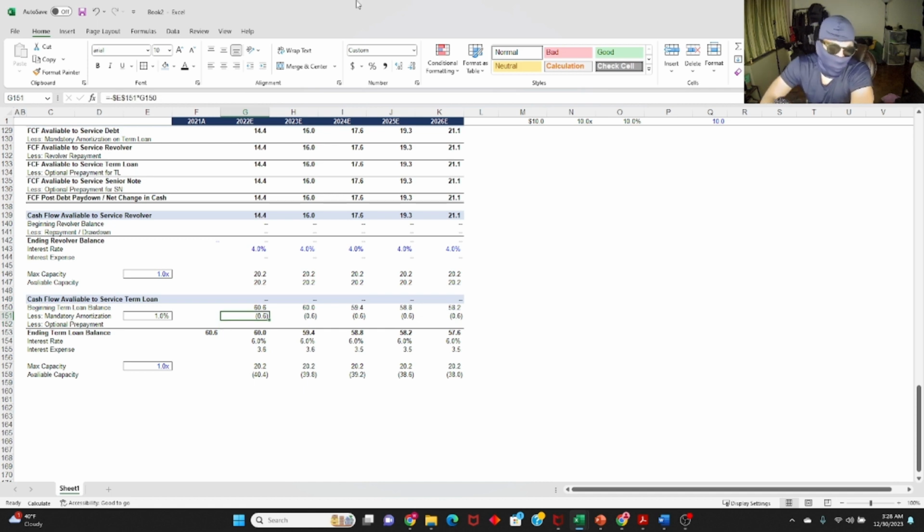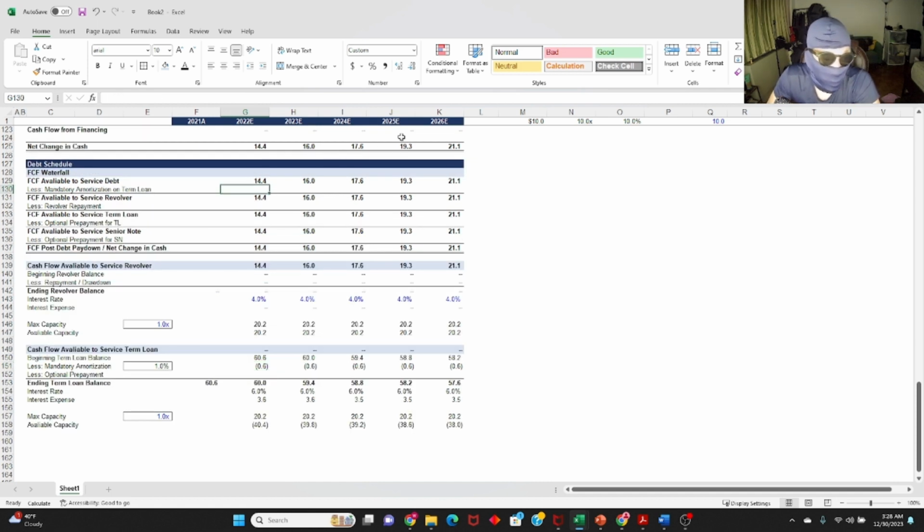And then before we keep going, you're going to come back up here to the schedule. So you're going to link this. You're going to less your mandatory amortization. And then you're also going to less your revolver repayment. It's going to be linked here.